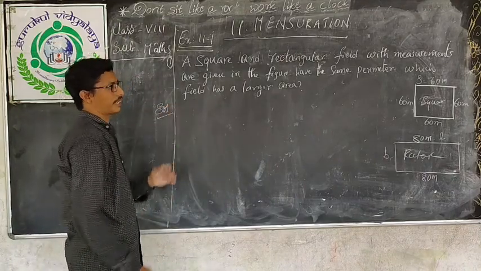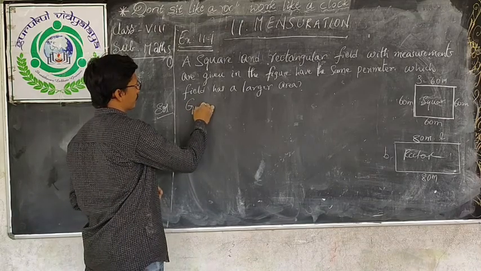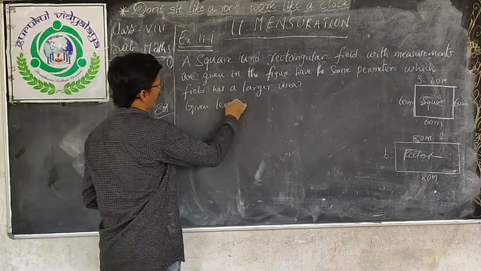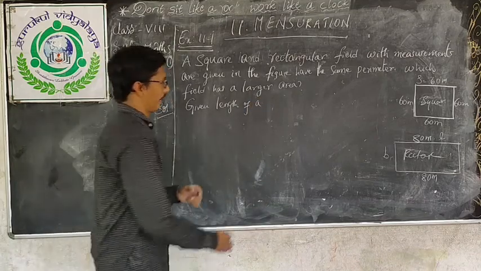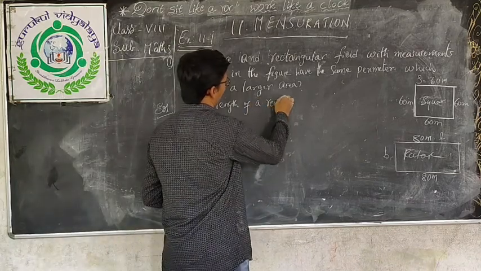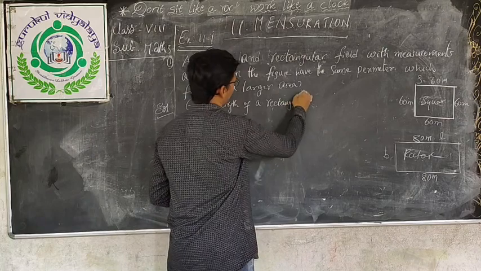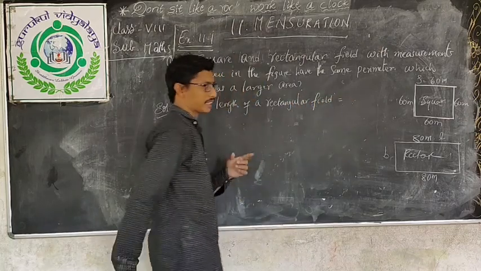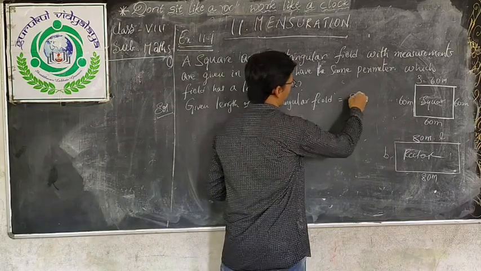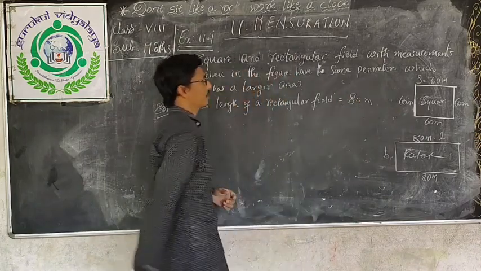First, what is given? Write it. Given: length of a rectangular field is equal to, how much is given? 80 meters is given. Okay.